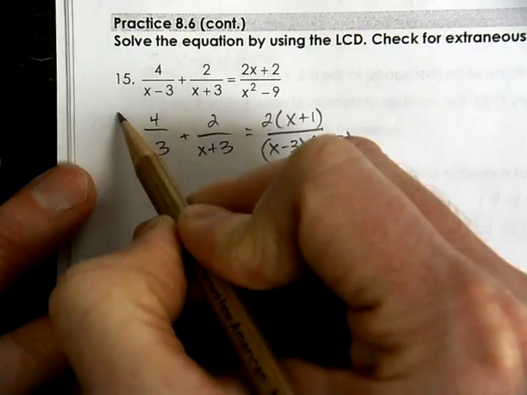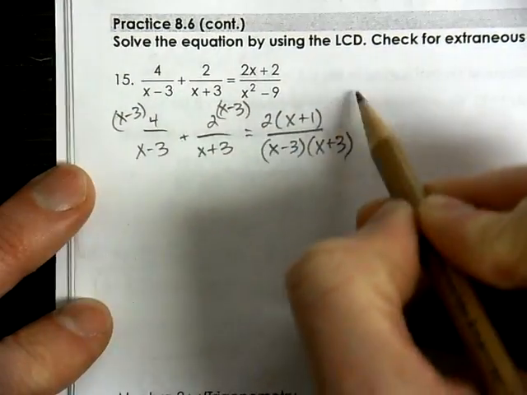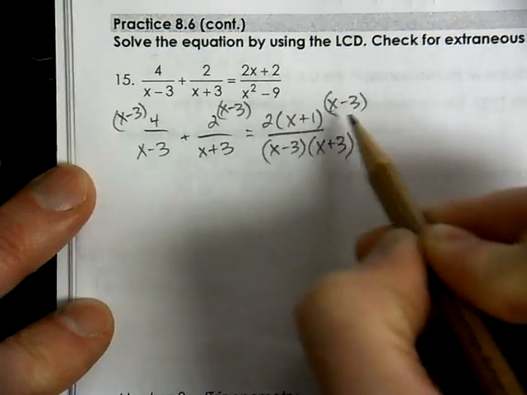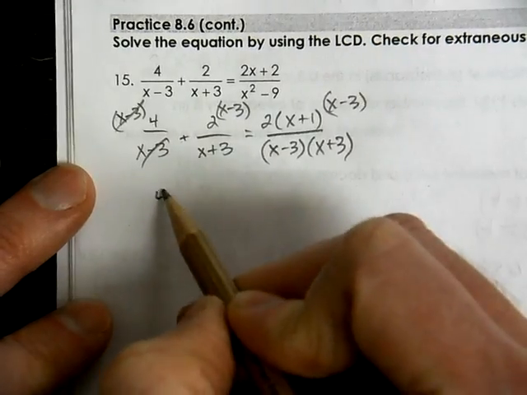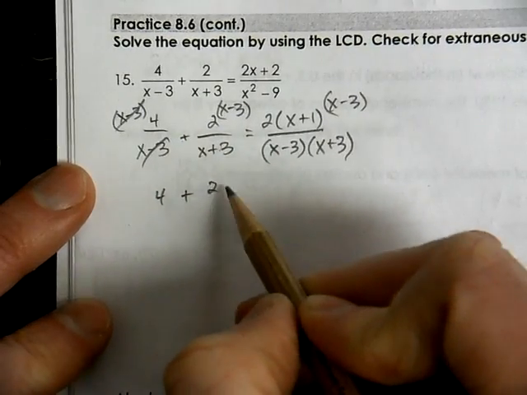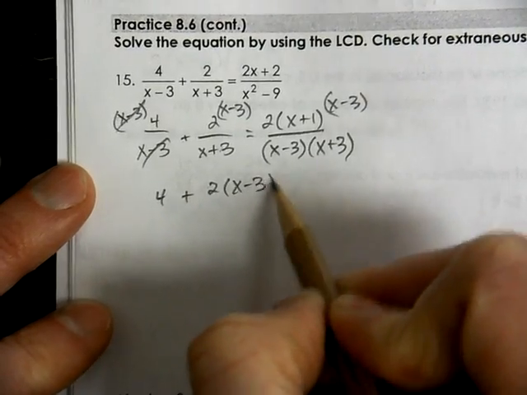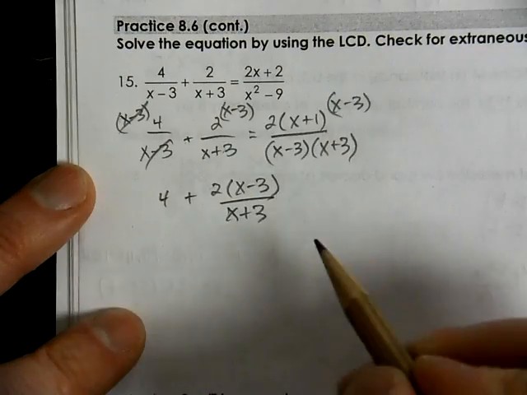Now I'm going to multiply through the first time by the first denominator. So we get 4. Here, they can't cross out, so you have 2 times x minus 3, with x plus 3 still in the denominator.